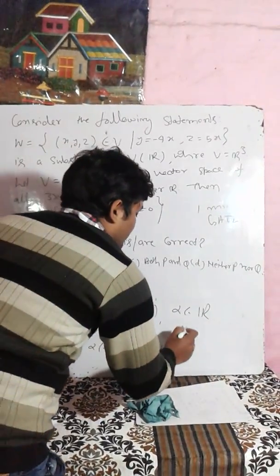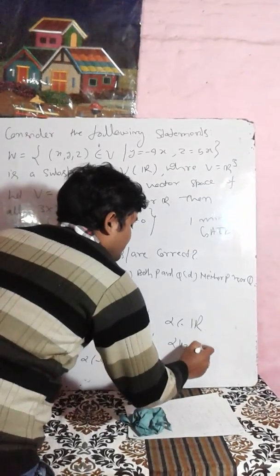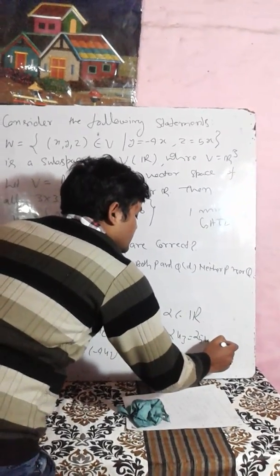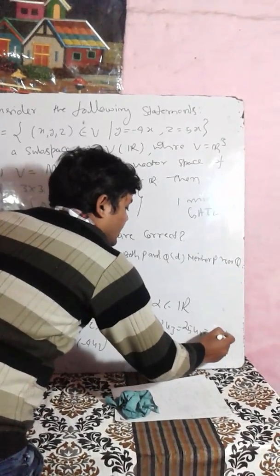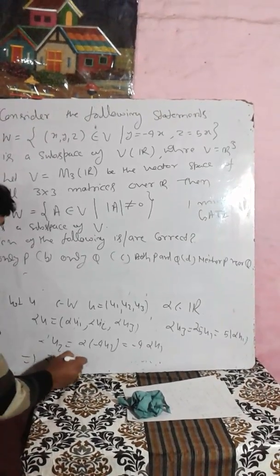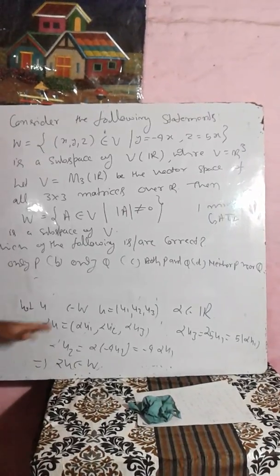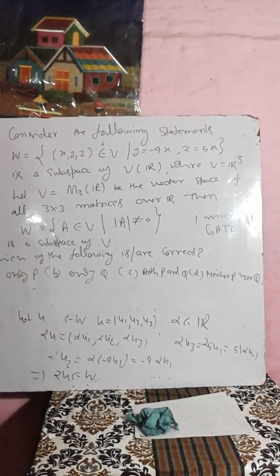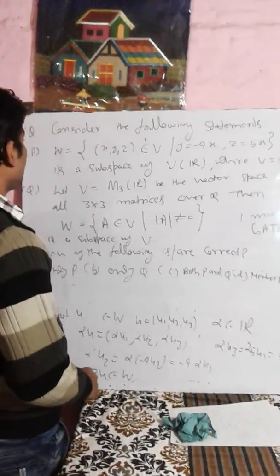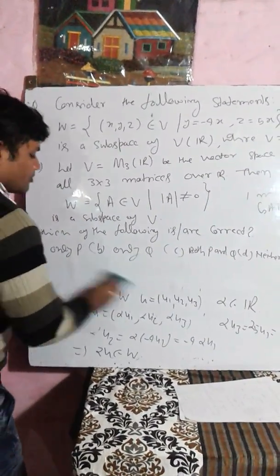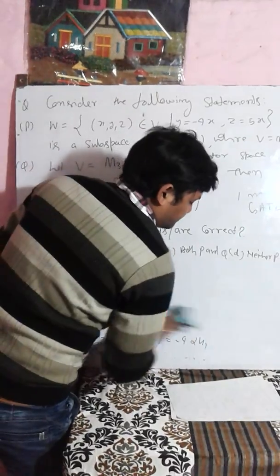Similarly, alpha U3 will be 5 times U1 into alpha, which means 5 times alpha U1. This implies alpha U belongs to W. Hence, scalar multiplication of vectors in W will be in W. This means W is a subspace of this vector space V over the field R, where V is R cube.